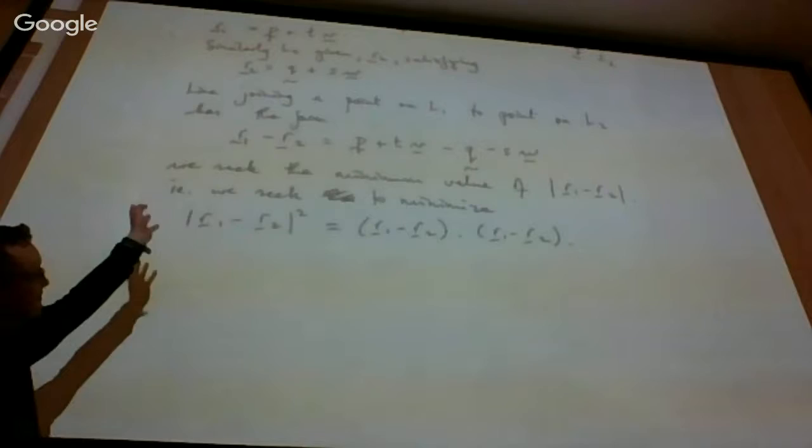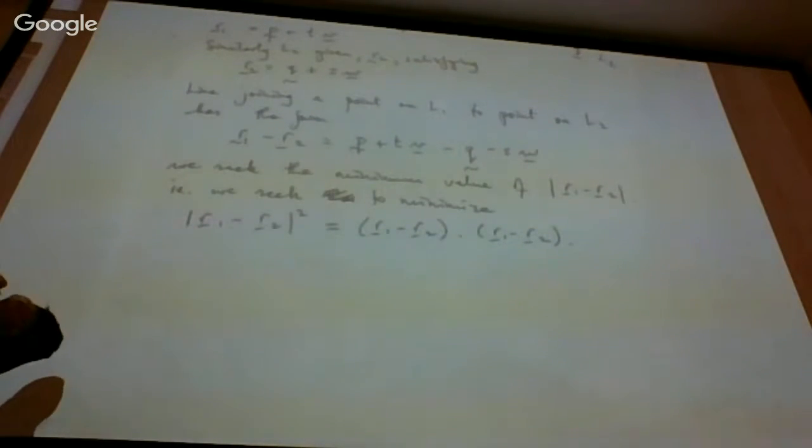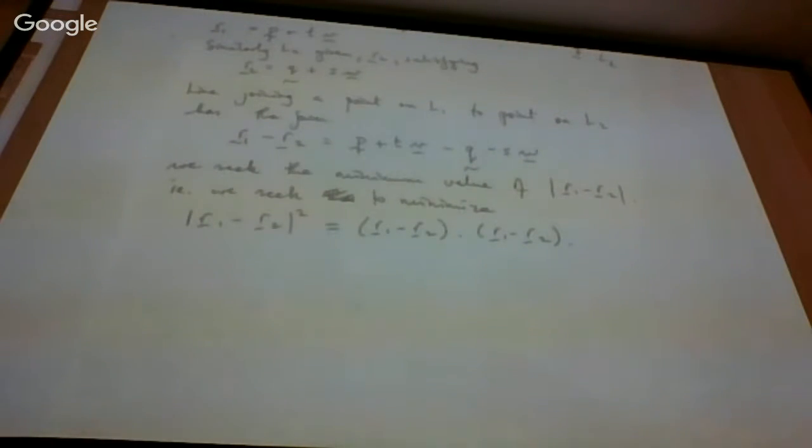Since I have a nice vector expression for R1 minus R2, I can fairly easily get one for the inner product of R1 minus R2 with itself.